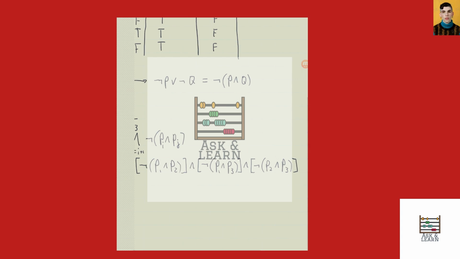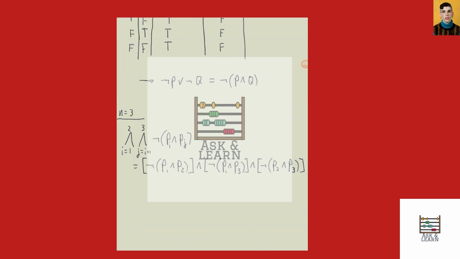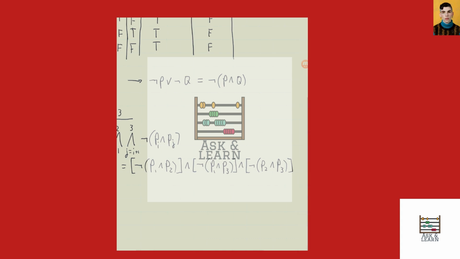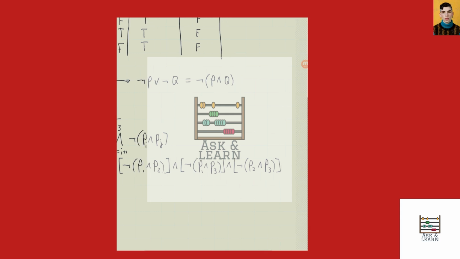Now, if we think about what this overall statement is saying, if we have P1 and P2 both true, then the entire thing will have to be false, because the not of P1 and P2 will turn to false. Then one of the components in the statement turns false, which will turn the whole thing false since it's a conjunction.